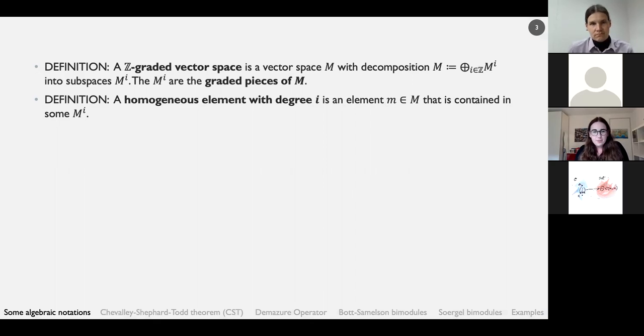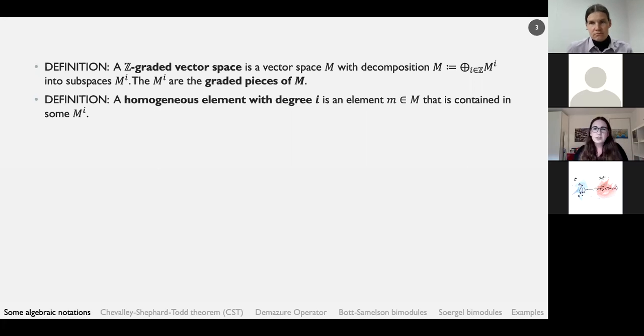If an element m of M is contained in some M^i, we call it homogeneous, and the element then has degree i. We could also apply these definitions over other algebraic objects like rings, modules, algebras, bimodules, and so on.